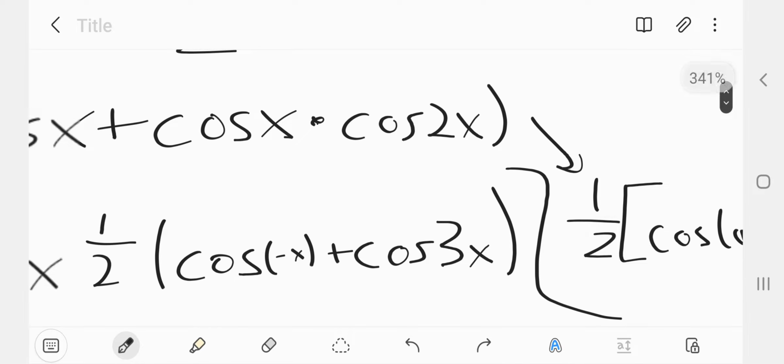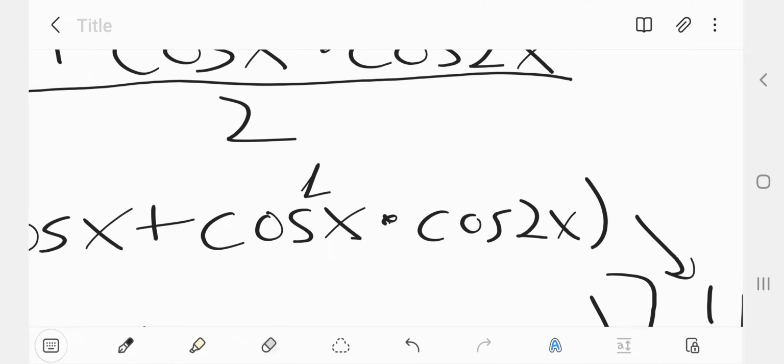This is just cosine 1x. This is cosine 2x. So the u here is actually 1, and the v here is actually 2. 2 coming from that coefficient there, and the 1 coming from the implied coefficient there, which isn't directly written.